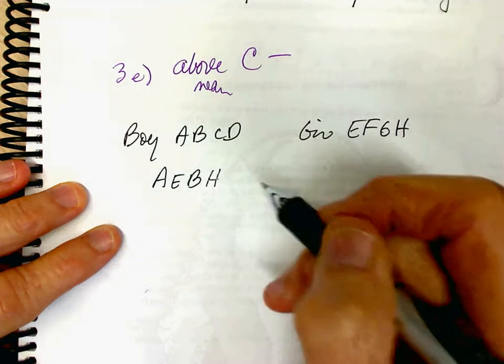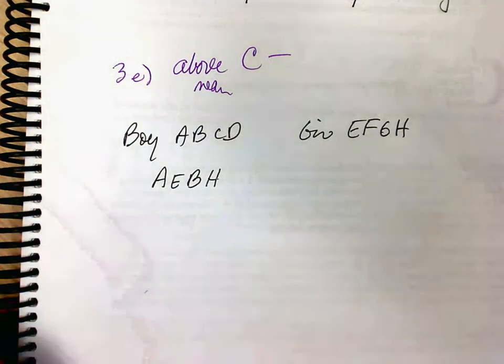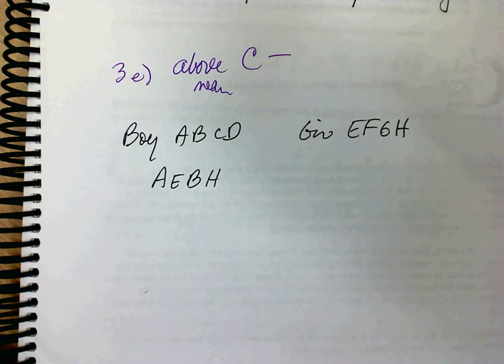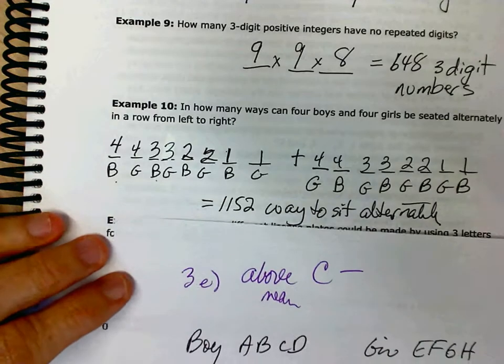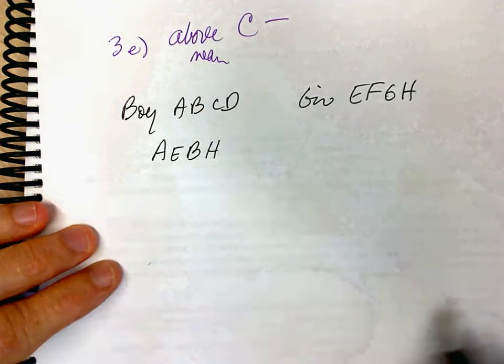You are using everybody. There are 1,152 different ways you could line them up, even though they're alternating.